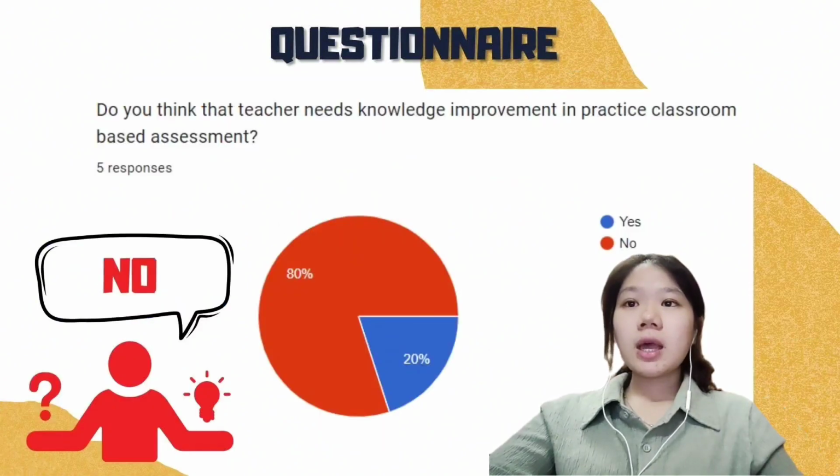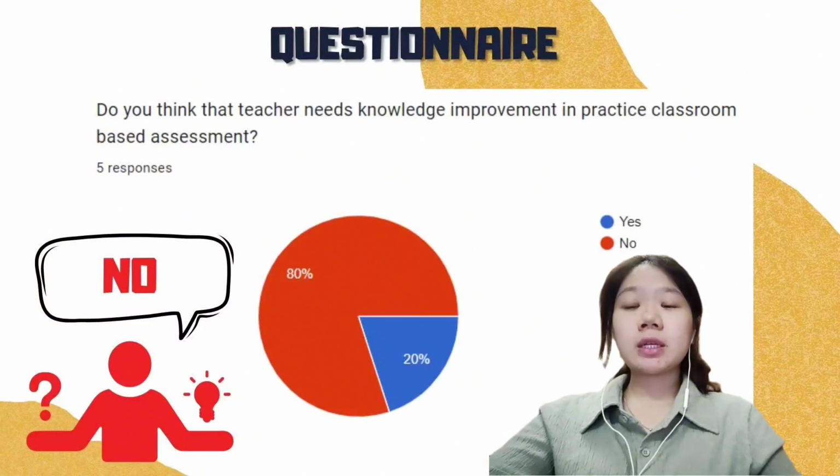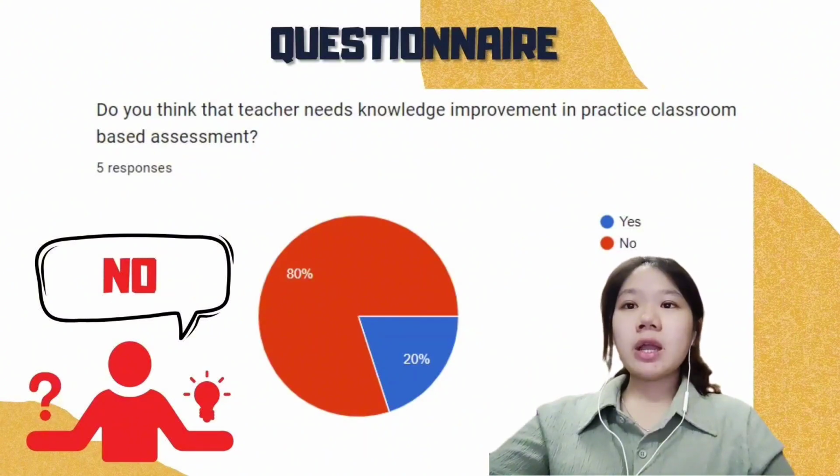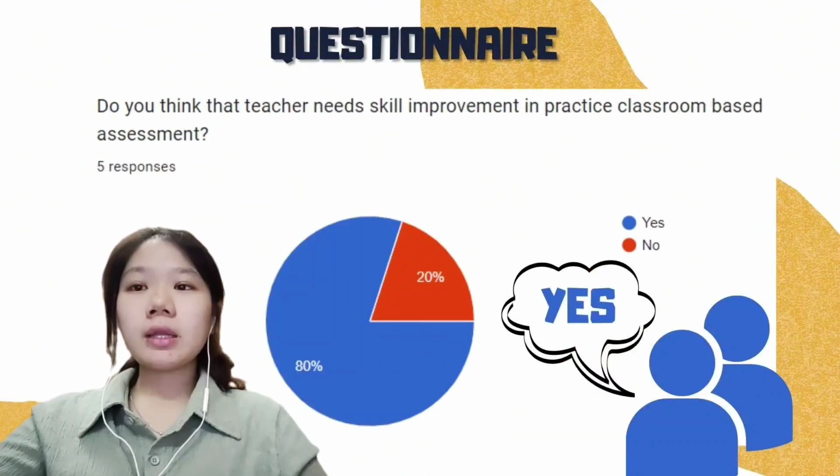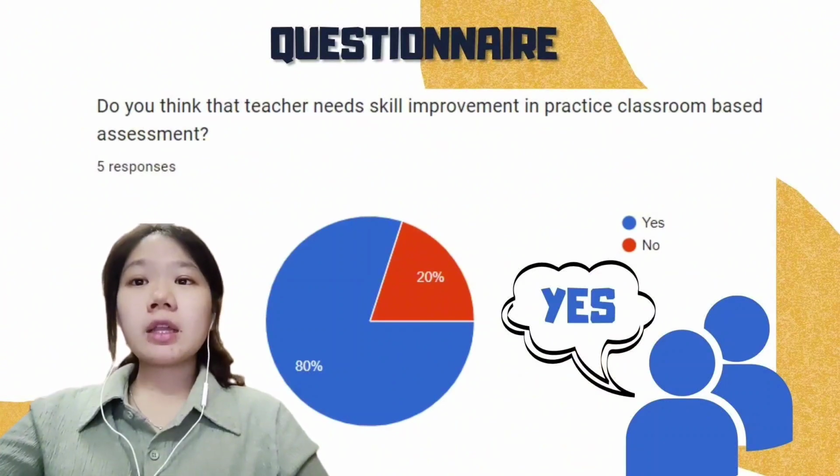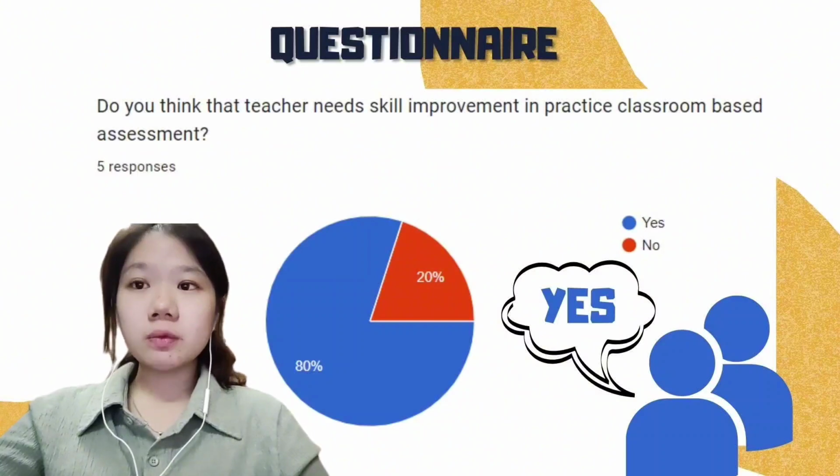Okay, next. 80% of the respondents, who are science teachers, agreed that teachers have enough knowledge about classroom-based assessment and there is no need for knowledge improvement. Not only that, 80% of the respondents think that teachers still need improvement of skills in practicing classroom-based assessment.